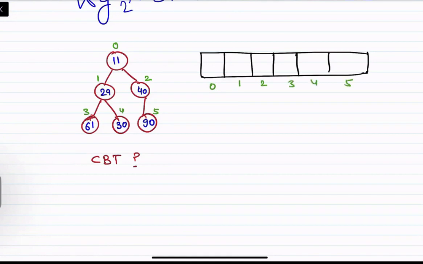So I'm storing 11 here, 29 here, 40 here, 61 here, 30 here, and 90 here. Because there is no level miss, no gap in the CBT, that makes it suitable to be stored as an array. Is that fair?